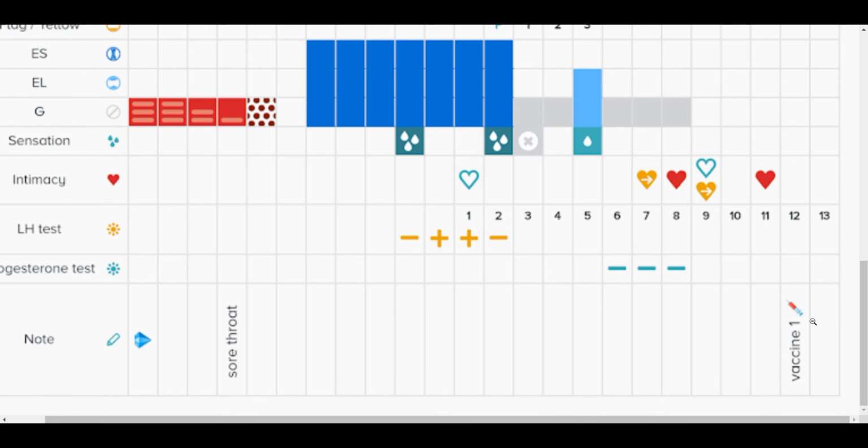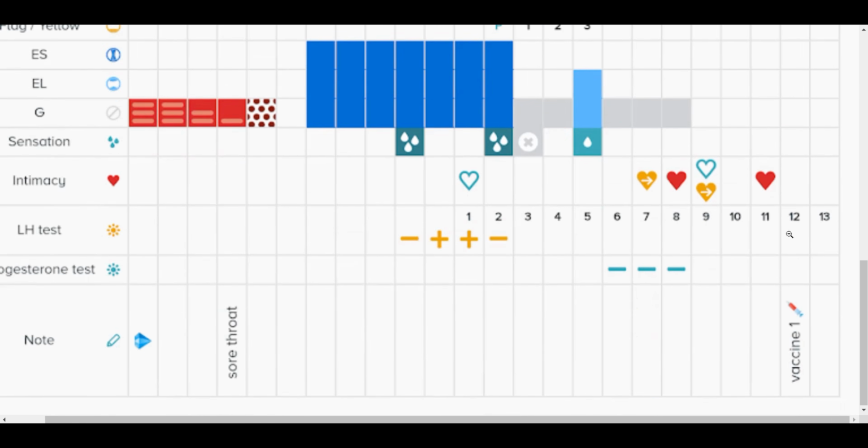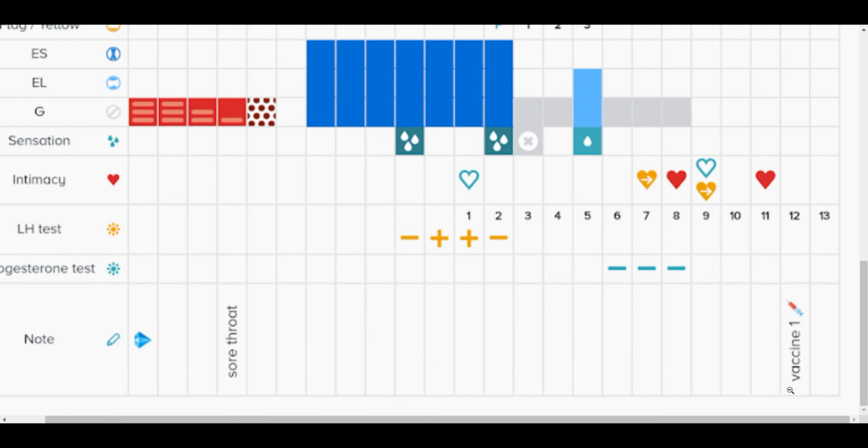And then I also got my first dose of the vaccine right here on cycle day 23, near the end of my cycle. So that was good to know, just because vaccines obviously create an immune response, and our cycles are so tied intimately to our immune systems.